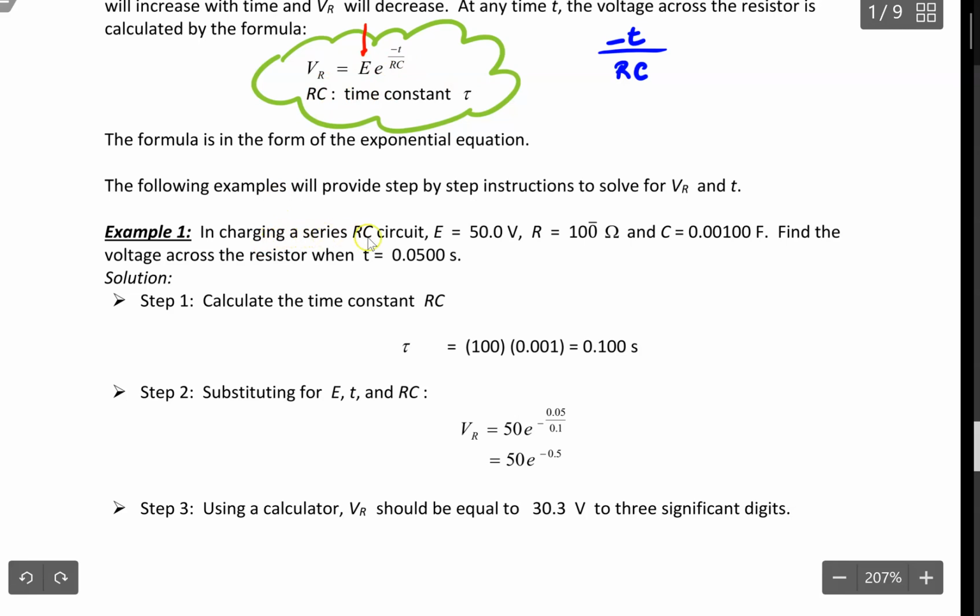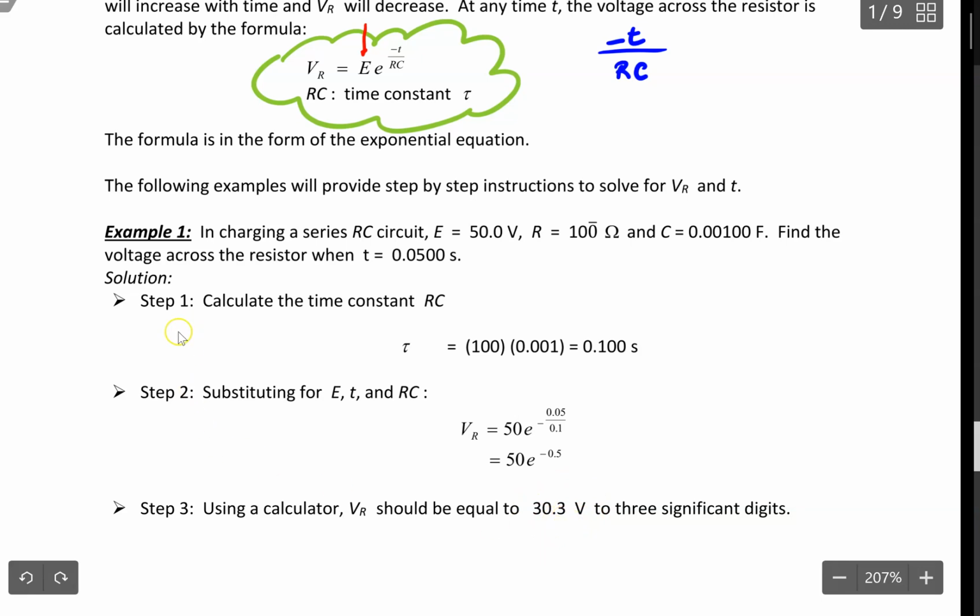So in charging a series RC circuit, E is given as 50 volts, R is 100 ohms, and the capacitor is 0.001 farad, and I want to find the voltage across the resistor at the time t equal to 0.05 seconds. I am putting everything in 3 significant digits, because at the end, the question asks us to present our answer in 3 significant digits as well.